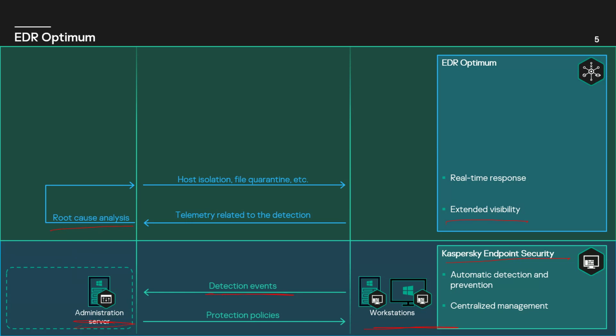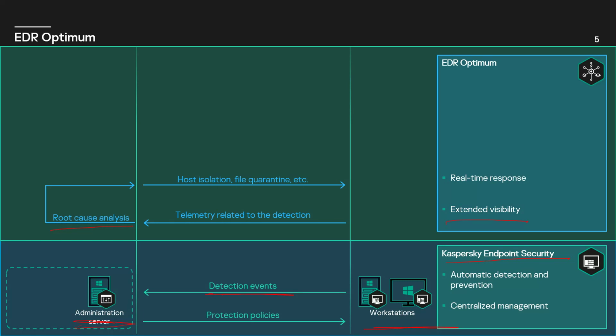What does root cause analysis mean? Here we talk about the enriched event card, where we see all information about the detection, like parent and grandparent process, child processes. It's called, let's say, a detection graph. It also contains information about the artifacts, about network connections, and so on.